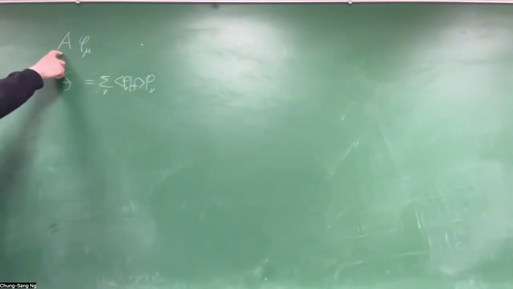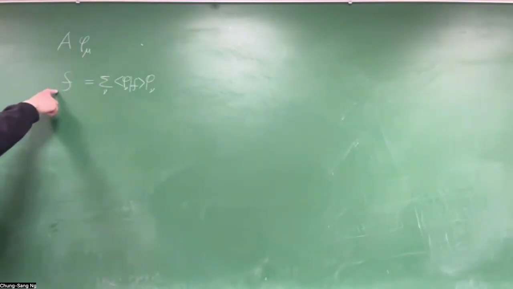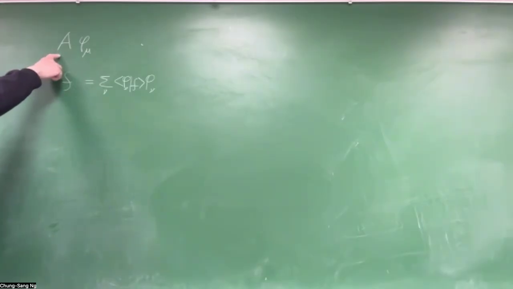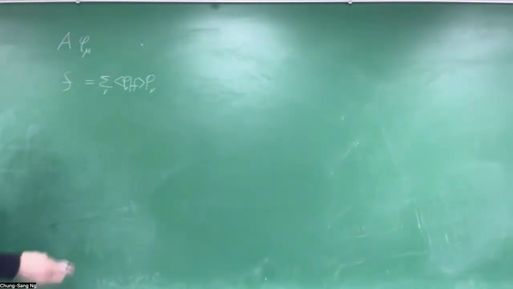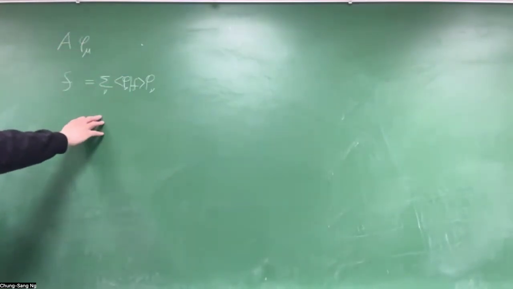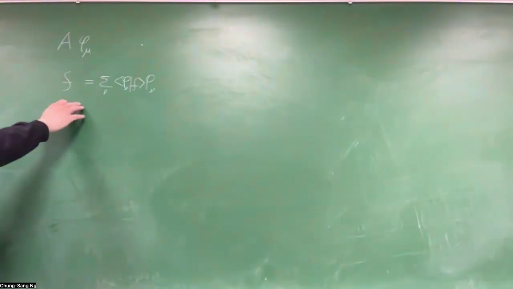And the same thing here: the operator A operating on phi mu will give you a vector. This vector is generally not a particular basis vector, so it has to be expanded in this set of bases itself.